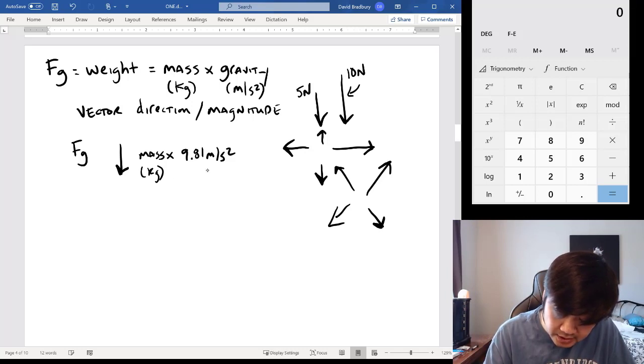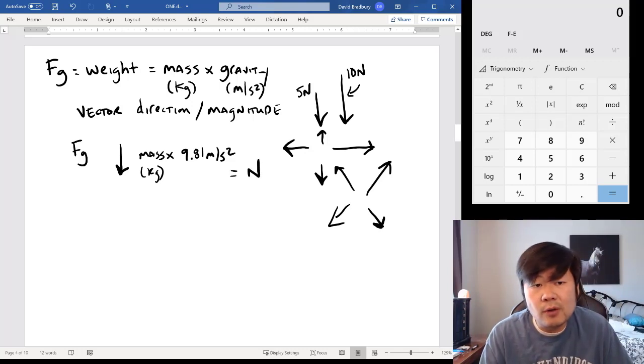So kilogram times acceleration, that gives us our unit of newtons. Now, all forces are in newtons, and I see a lot of mistakes with force gravity. Sometimes they'll put 9.81, but that's the acceleration due to gravity. Sometimes they won't convert mass into kilograms, so just make sure you're doing that type of thing.